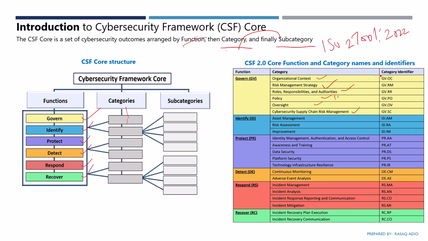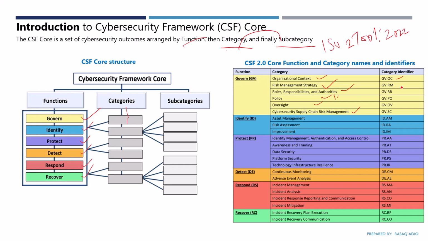So here we now have the category identifier. This is not actually arranged in alphabetical order, and the outcomes will vary by organization. It depends on the nature of the organization, the size, the industry you belong to, the use case, and also the individuals that are responsible for carrying out these activities.